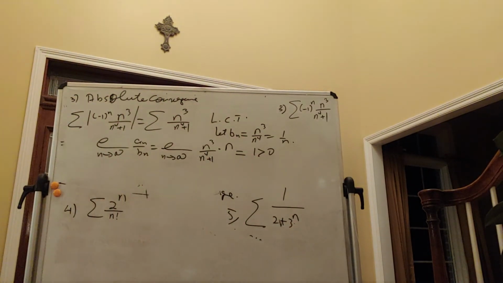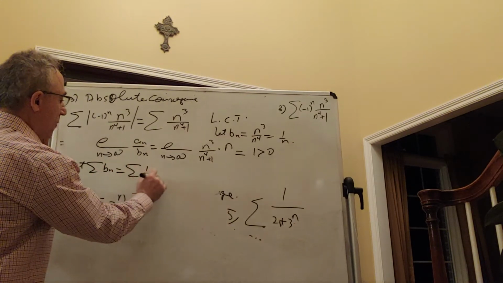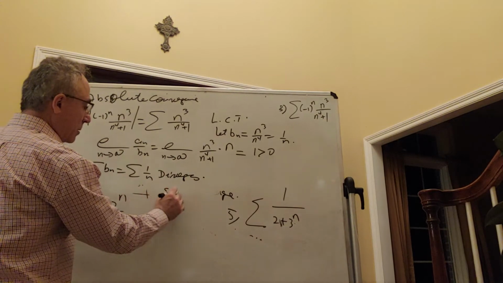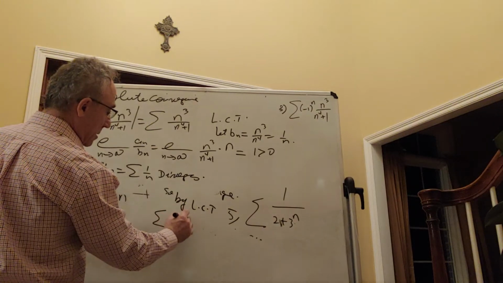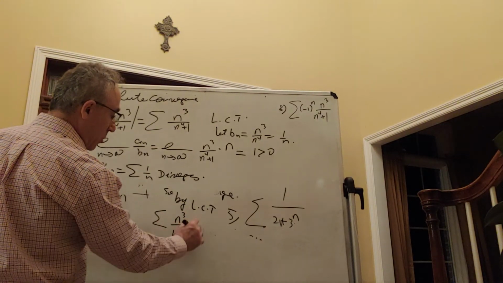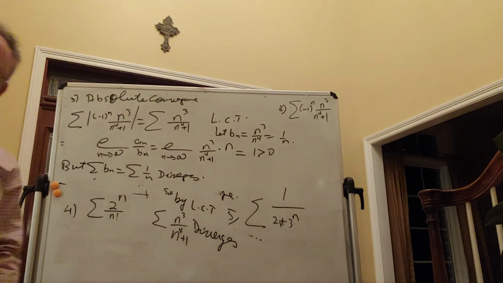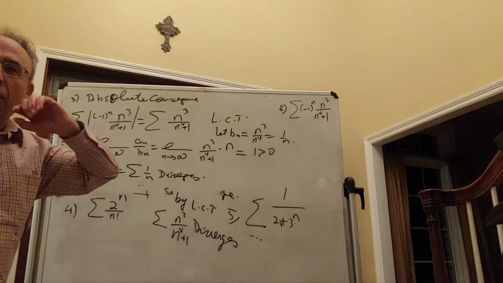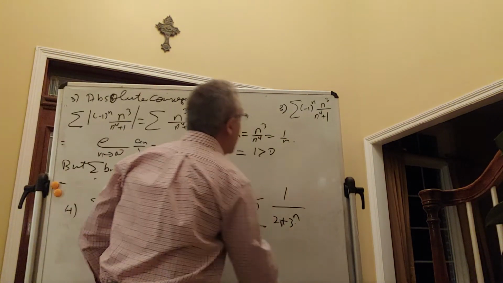Again, they either both converge or both diverge, but bn is 1 over n, which diverges. So by the limit comparison test, n cubed over n to the fourth plus 1 diverges. So does this converge absolutely? No.